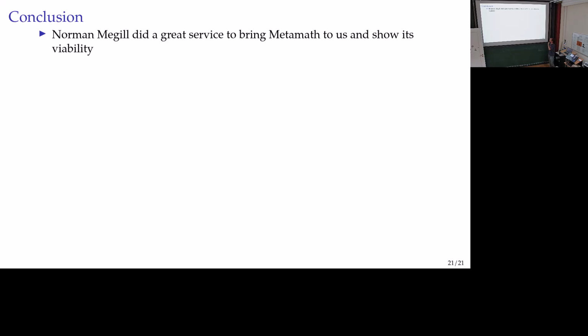So I would say that Norman McGill did a great service to bring Metamath to us and show that all of these ideas are possible to do, not just in principle, but in practice, right? Tarski showed that it's possible in principle, but at that time, no one was writing systems to do this sort of thing. And now we can see that this is actually a way to build a system.